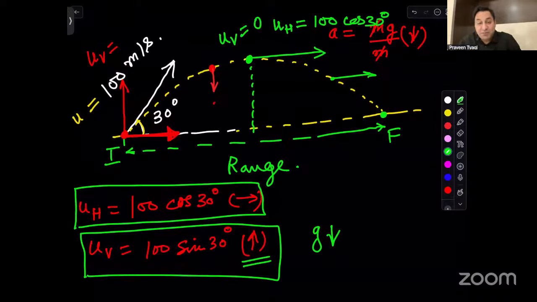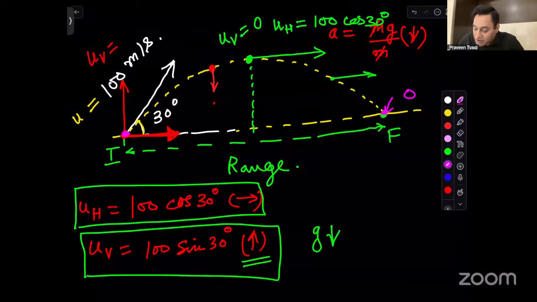At the highest point, final vertical velocity was 0. There are times when children are confused that when the stone has fallen at this point, the final velocity will be 0. No, please, we do not take that velocity to be 0. We take velocities just before hitting the ground and just after leaving the hand. So don't fall into that trap.